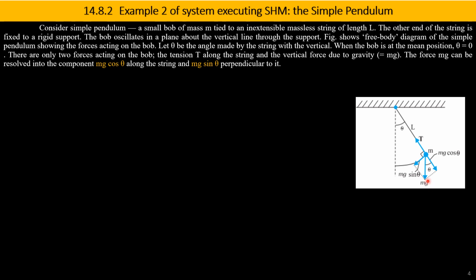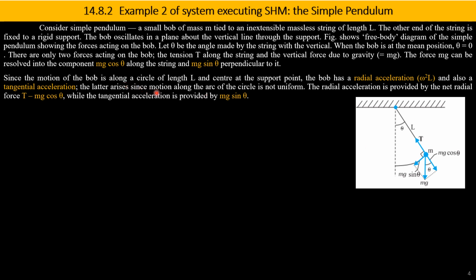The force mg can be resolved into two components, mg cos theta and mg sin theta, that is perpendicular to the length of the string, by the geometry of the figure.